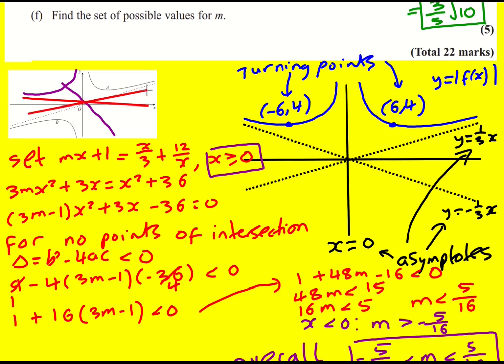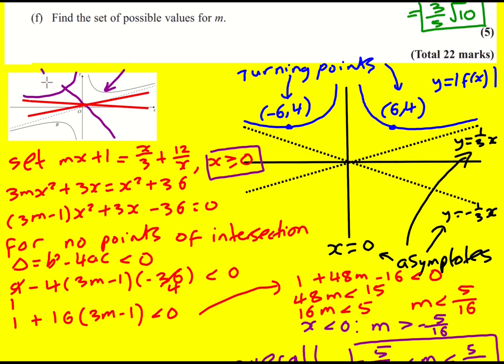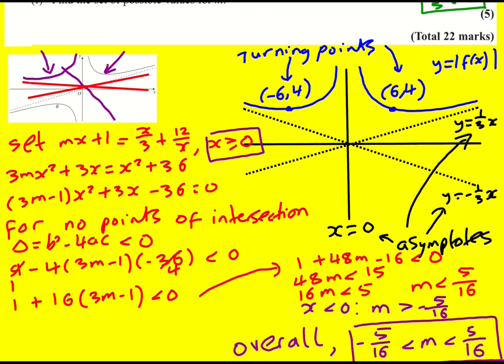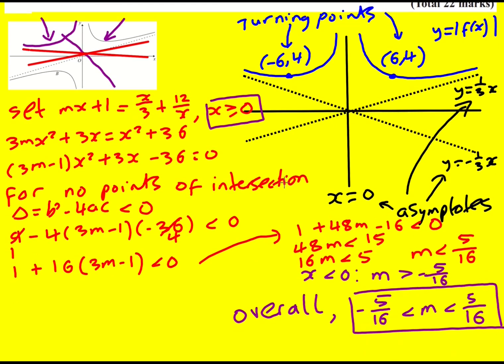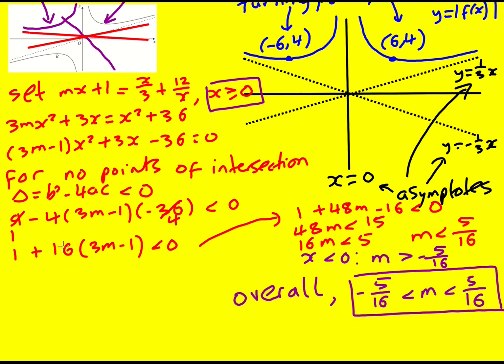By symmetry, I just need to flip the gradient around. Just like m needs to be less than 5 over 16 to avoid hitting this, we also need m to be greater than minus 5 over 16 to avoid hitting that. I dealt with that separately after the original problem, and I just need to take it into account, and that gives us our final inequality.